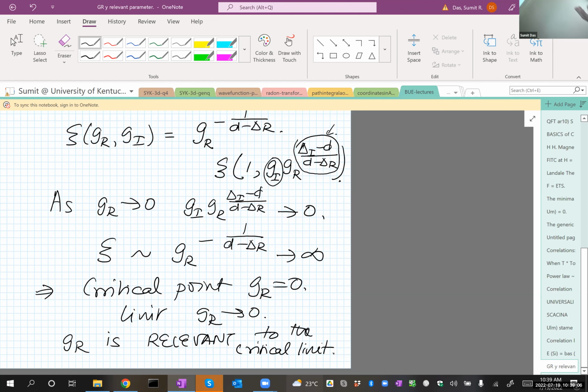So if I have two systems which differ from each other by values of irrelevant parameters, both systems will have the same critical behavior. Now, this does not explain, for example, why a liquid gas is similar to a magnet, but it does explain why a magnet made out of iron would be very similar to a magnet made out of nickel near the critical point.